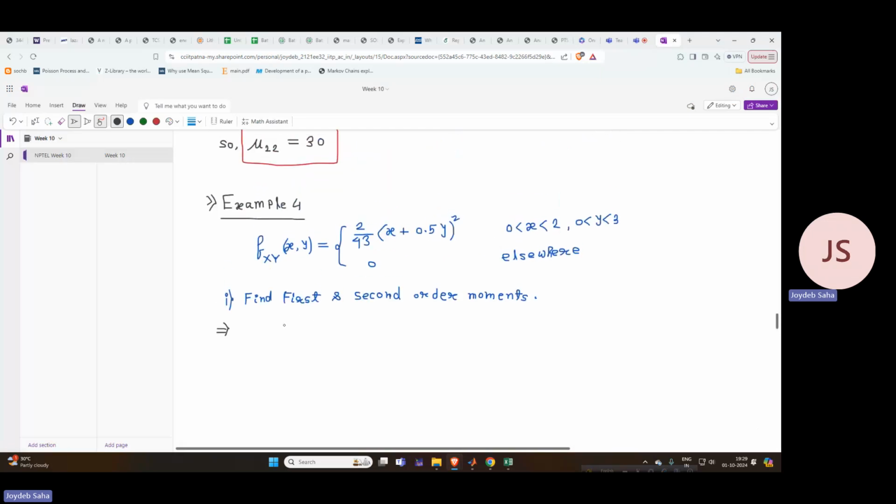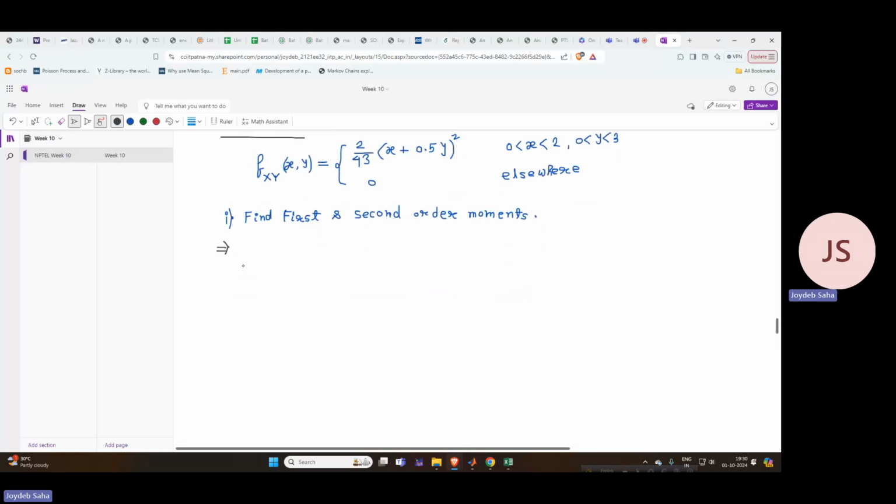So first we will calculate the joint moment. Joint moment of n plus k order, Mnk, is equal to, we can write, minus infinity to plus infinity, double integral, right? x to the power n, y to the power k, f of xy dx dy.